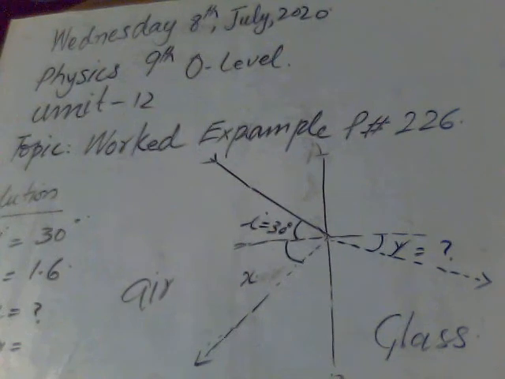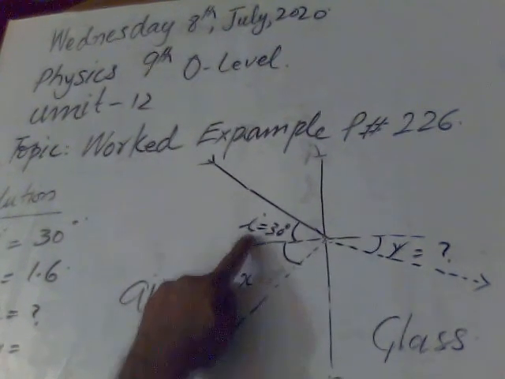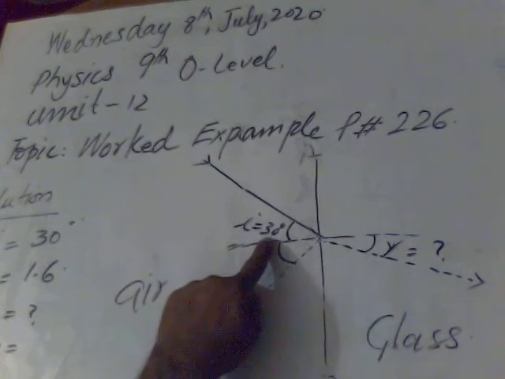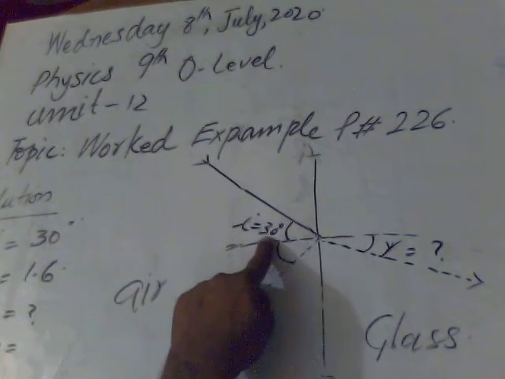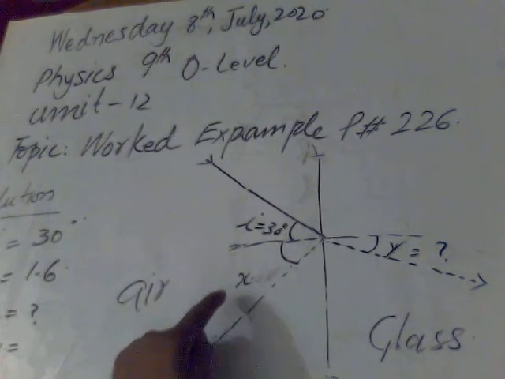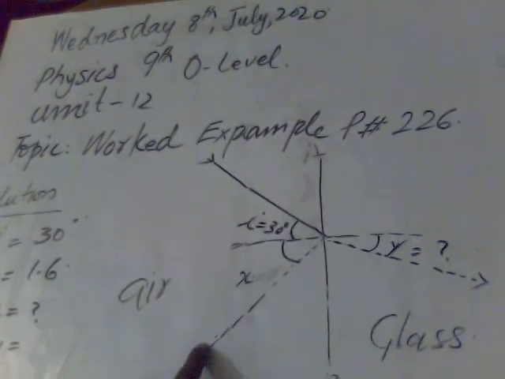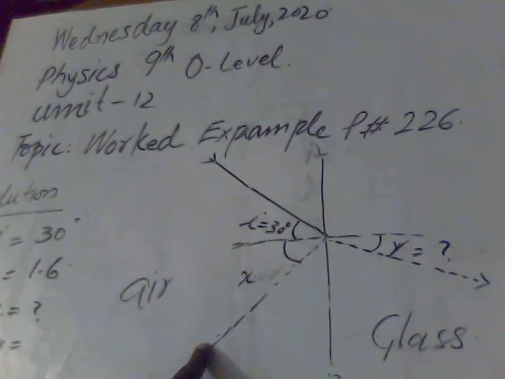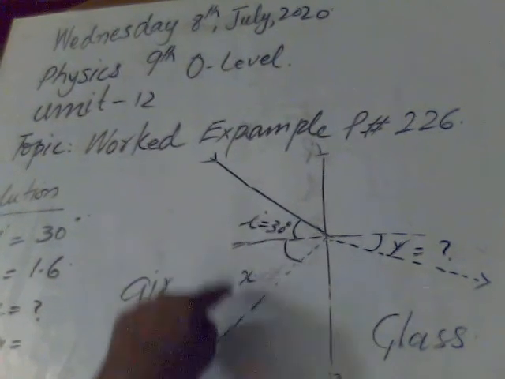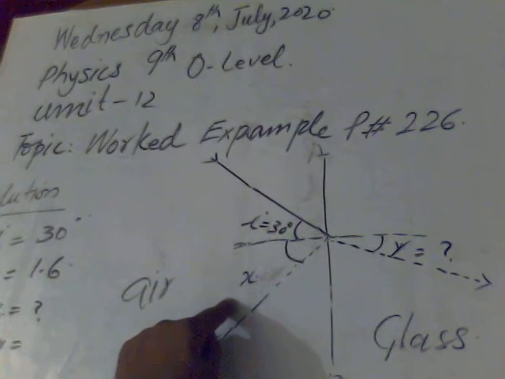So the data is given. Angle of incidence i is 30, and one thing that we have to find is the angle of refraction. You studied angle of incidence and angle of refraction; you are well aware of that.